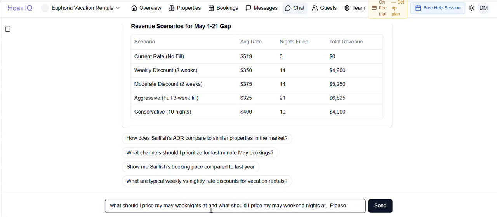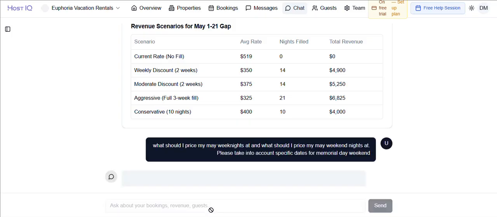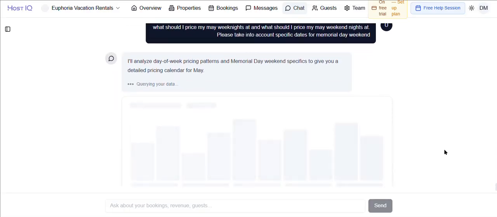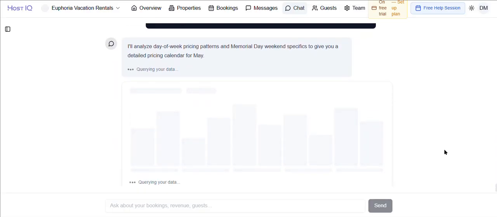Please take into account specific dates for Memorial Day weekend. Okay, now it's going to give me an exact price suggestion based on that question. And then the last thing that I'm going to ask it after this is give me suggested actions of what I should do to fill these nights.